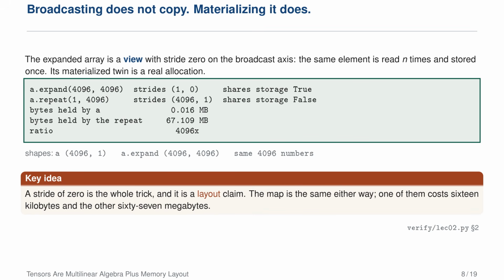The expanded view shares storage with the original and holds 16 kilobytes. The materialized copy does not share storage and holds 67 megabytes, which is 4,096 times as many numbers for the same map. So a stride of 0 is the whole trick, and notice that this is a layout claim. The function being computed is identical either way. Only the memory differs, and it differs by 4 orders of magnitude.